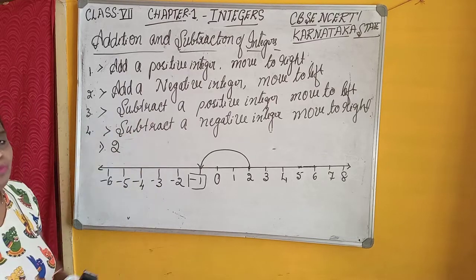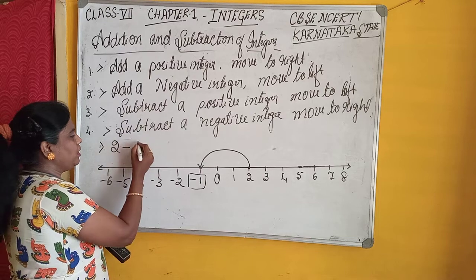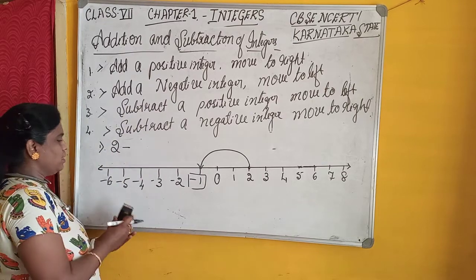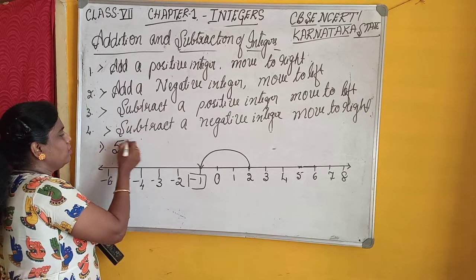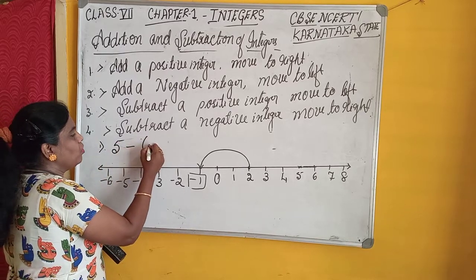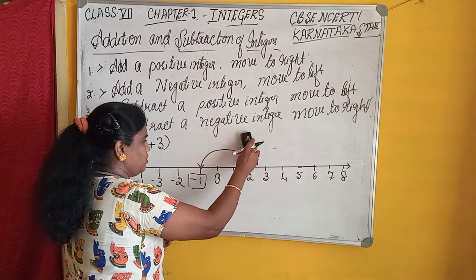When we subtract a positive integer, here we are subtracting a positive integer. Take another number, not 2, 5. When we subtract a positive integer, what happens?